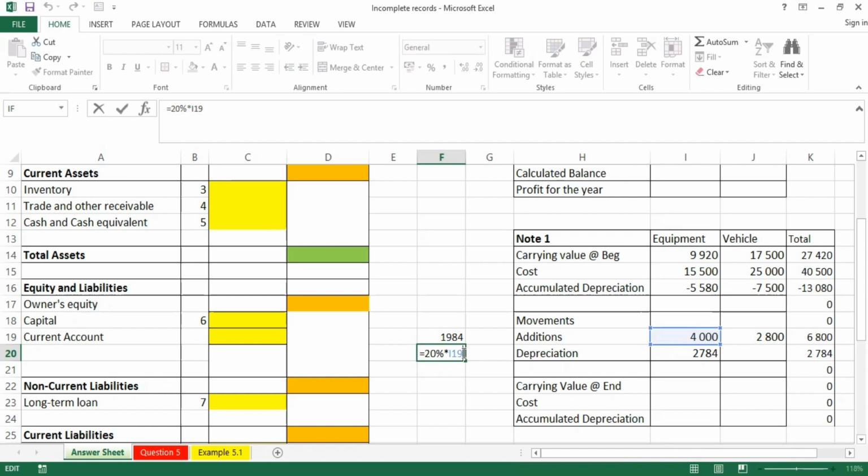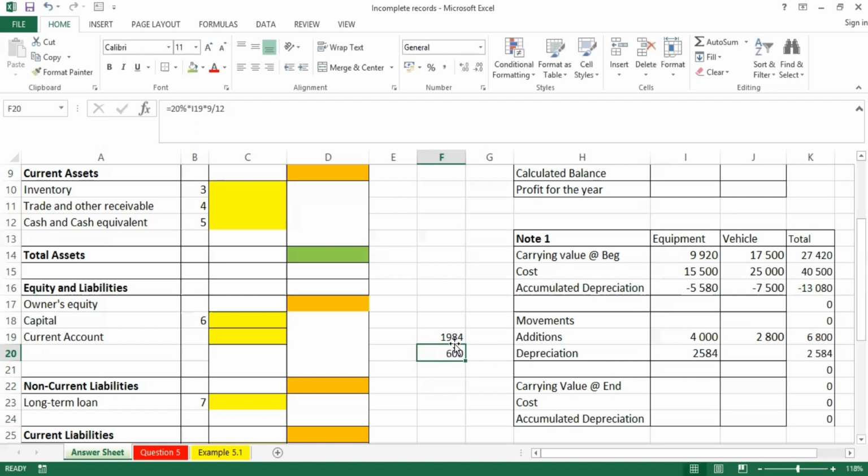So we have to say times 9 over 12, because the new equipment has been in the business for a period of 9 months. And then you get our 600.